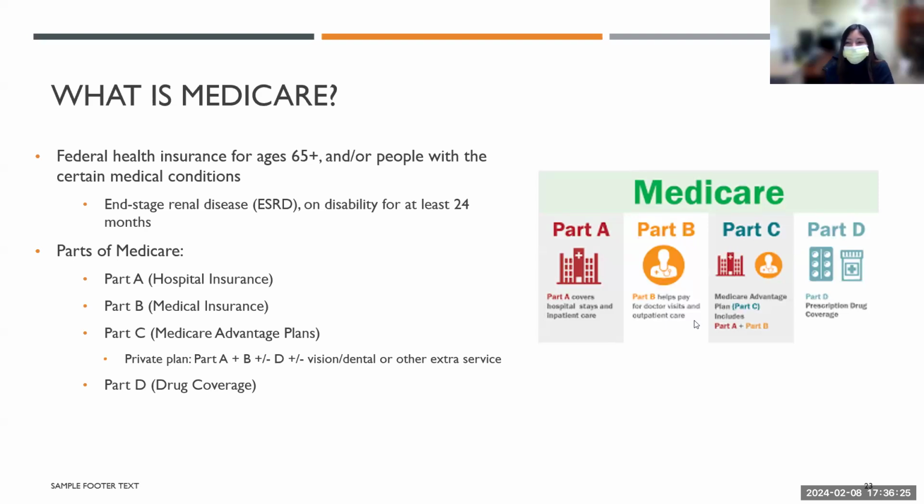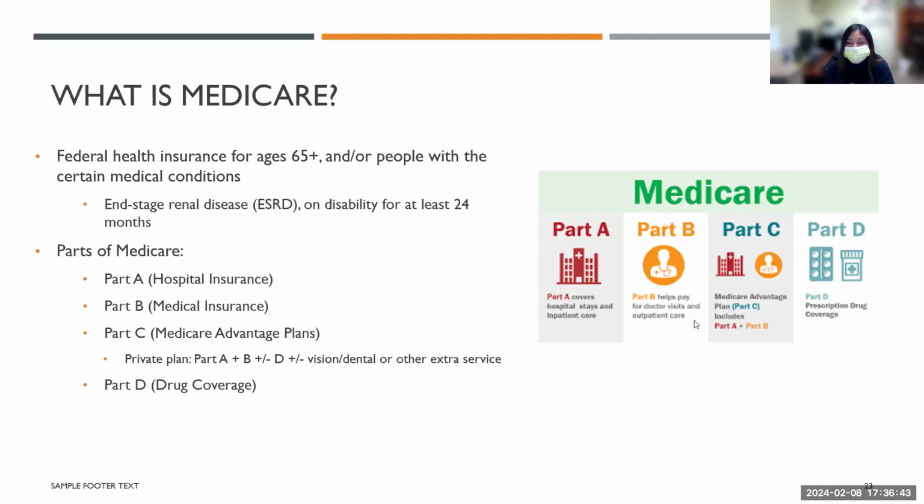And then moving on to Part C, we typically call this Medicare Advantage plans. Part C is essentially private plans that offer a combination of Part A, Part B, and sometimes Part D, which I'll talk about.